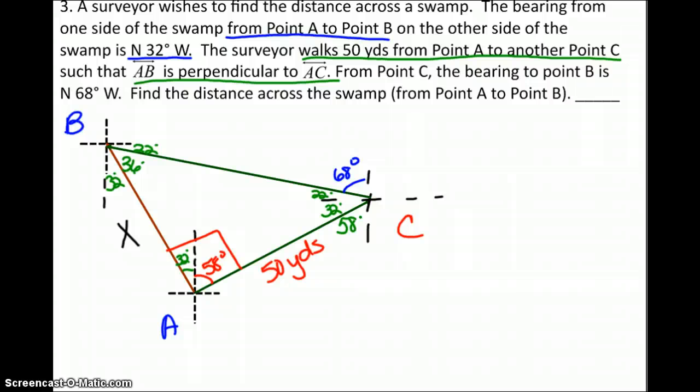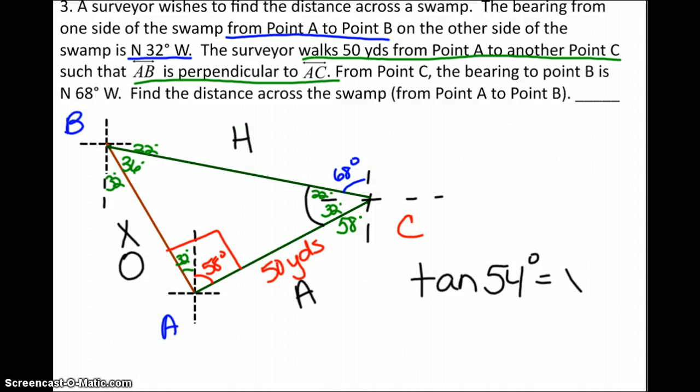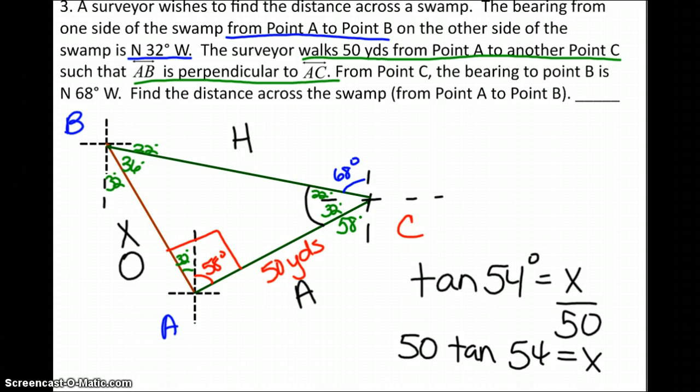So this is our hypotenuse. This is our reference angle, so that's adjacent, and this is opposite. So the tangent of 54 degrees is equal to x over 50. 50 times the tangent of 54 equals x. X is approximately 68.82 yards.